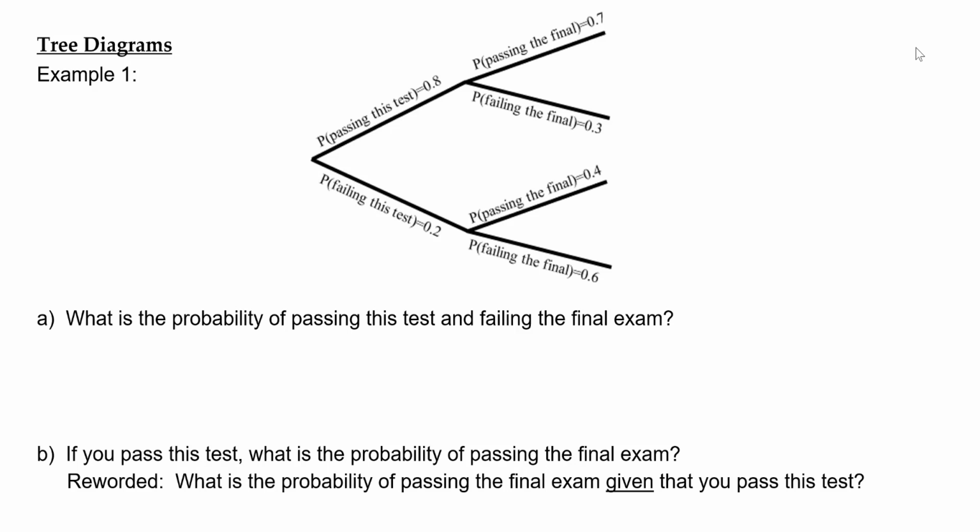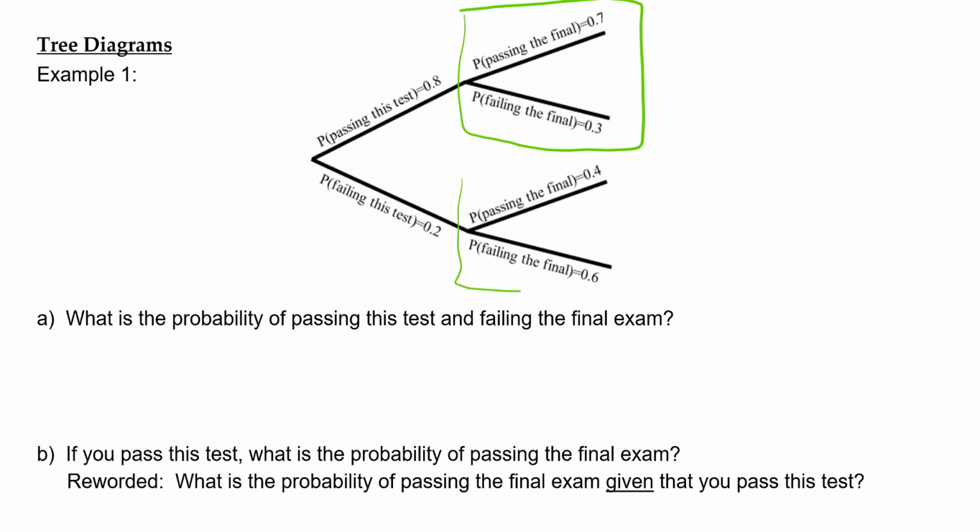And so once you pass, let's say you pass the test, then you take the final exam. Okay? And it's the same probability off of the test, which let me highlight this and then I can erase it. Okay? After you take the test, which is 0.8, then it says, well, based on passing the test, what's the probability of passing the final? Well, it's 0.7. What's the probability of failing the final? It's 0.3.